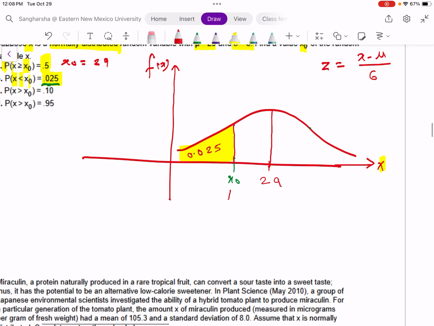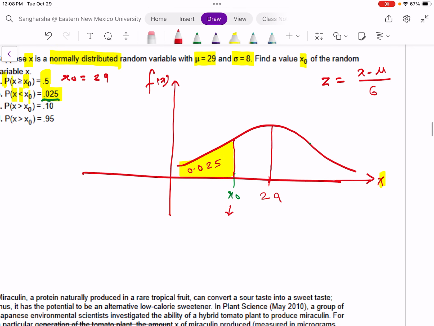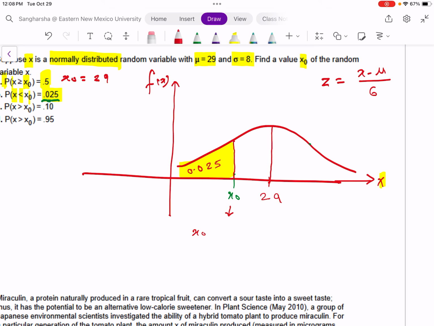So if you convert x naught into z, what do we get? We have x naught minus mu, which is 29, divided by sigma, which is 8. And what about 29? 29 is the mean, and the mean always has a z value equal to 0, right? You can simplify it: 29 minus 29 divided by 8 is 0.